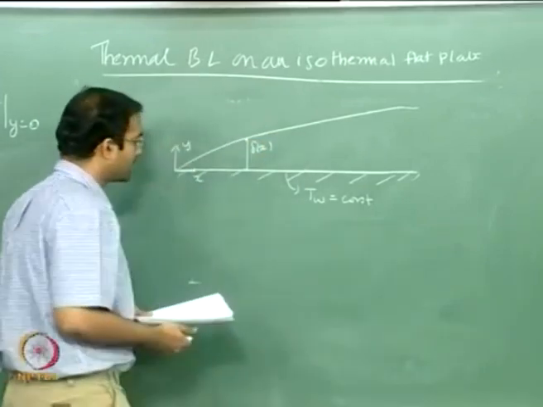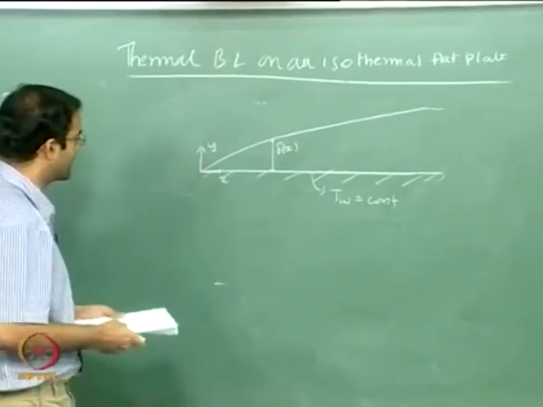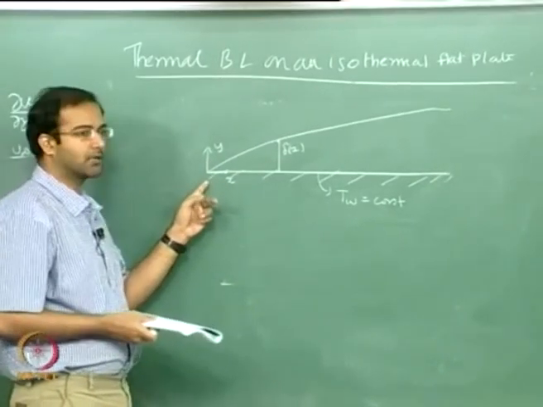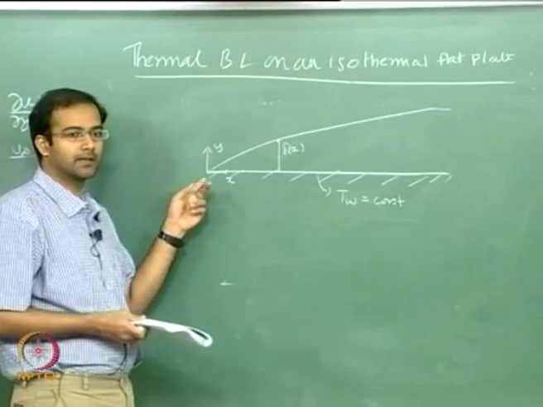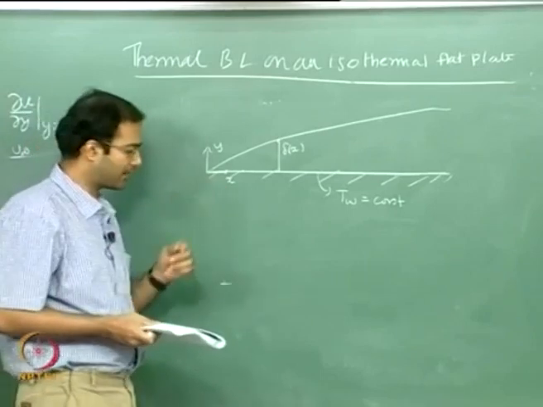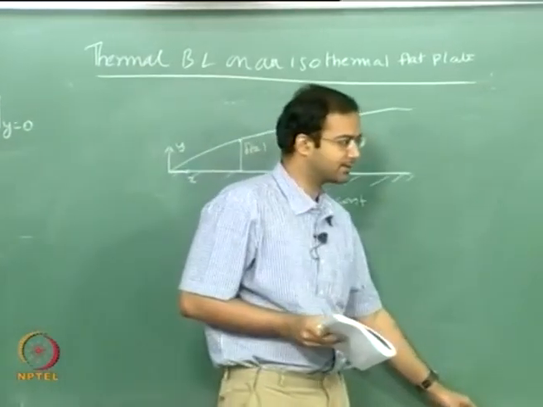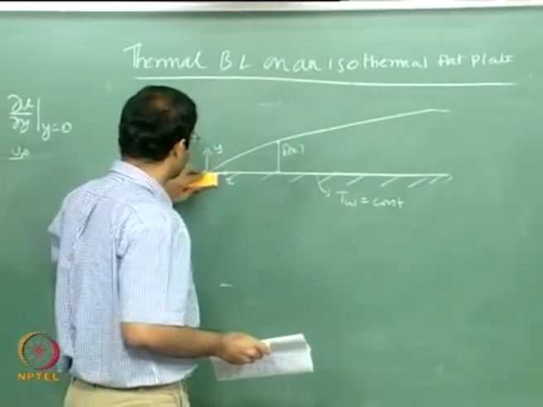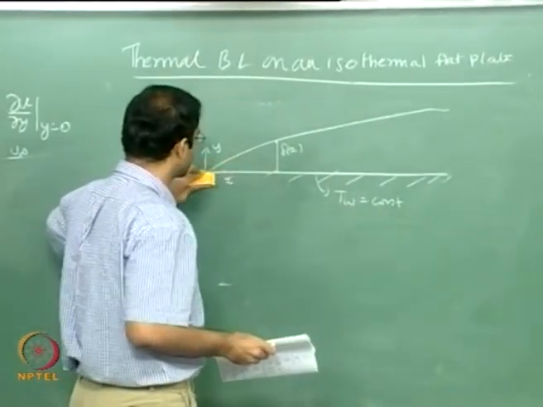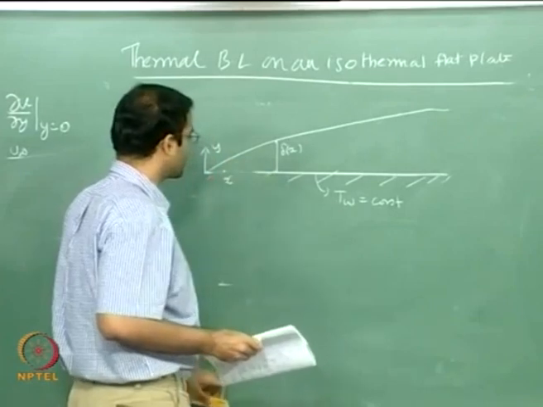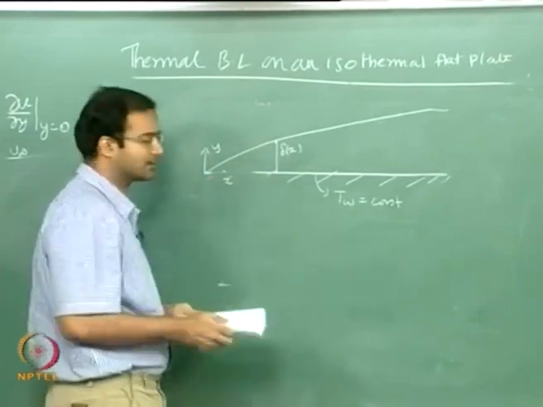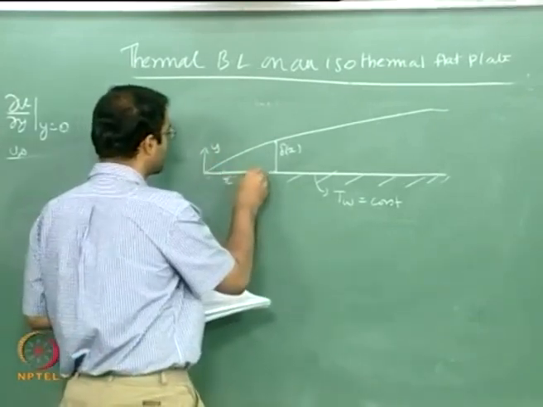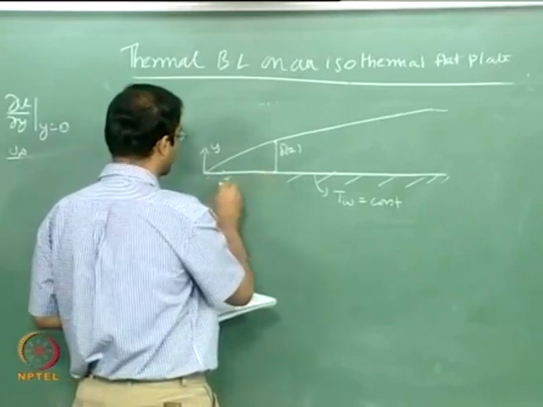Now when you say T wall is constant, it need not mean that you are heating all the way from the leading edge. For a more generic case, you can leave the initial portion unheated. This is what is called the unheated starting length, and you can start the heating after a certain distance.